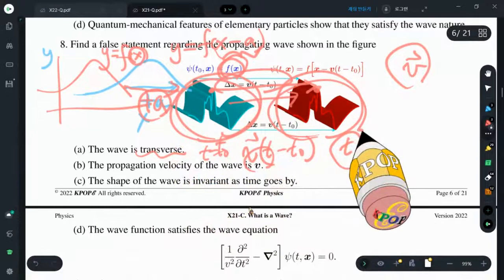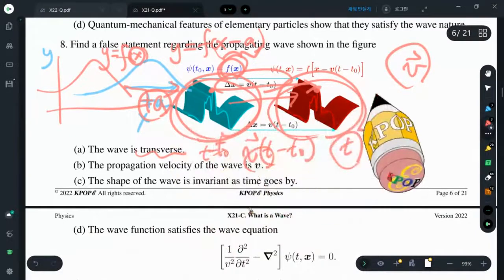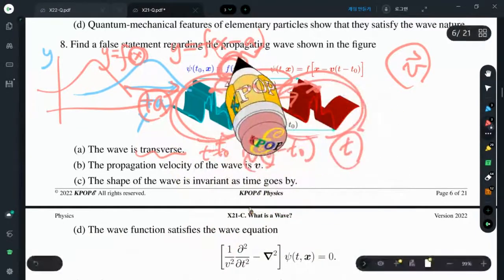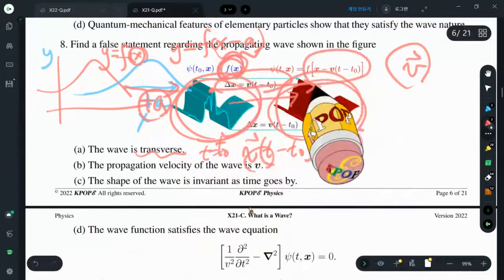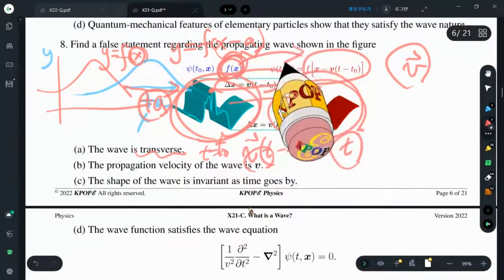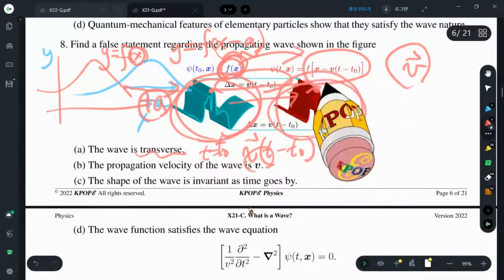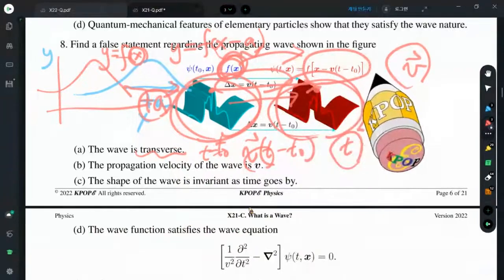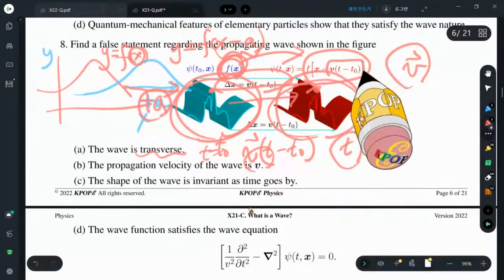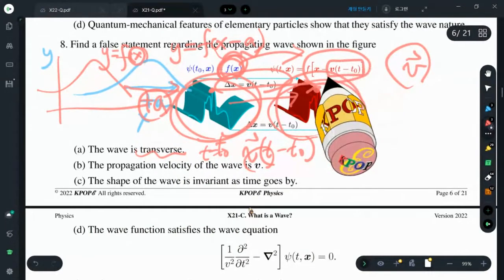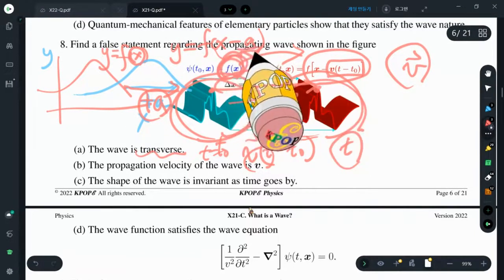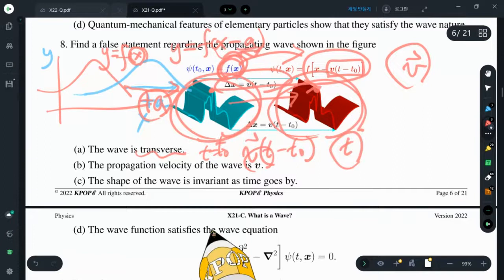Same shape, and we have a translation. So this function is exactly transformed to this function. What we have done is subtracting v times t minus t0 to consider the translational operation.